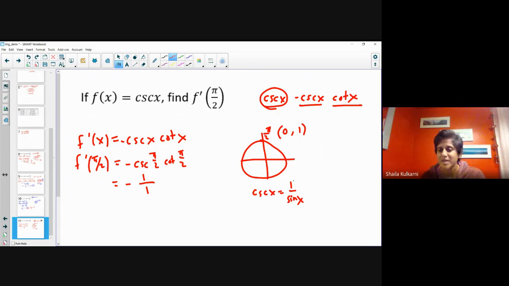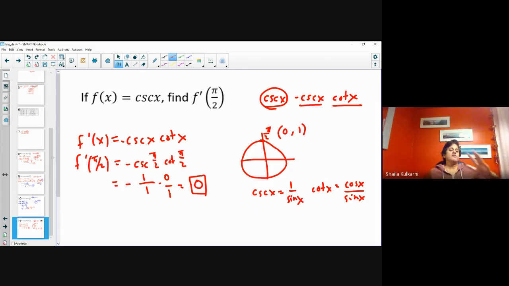So we're going to put that there. And then cotangent is the same as saying cosine over sine. So the x value over the y value, the x value was 0, the y value was 1. So our answer here is going to be 0. And there you have it.